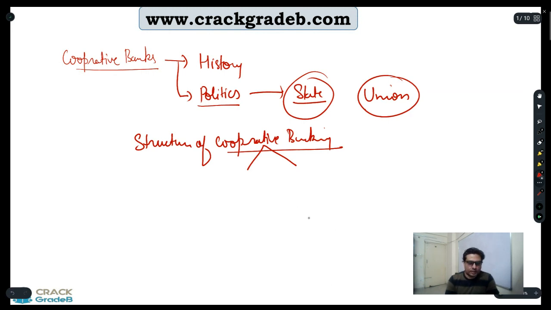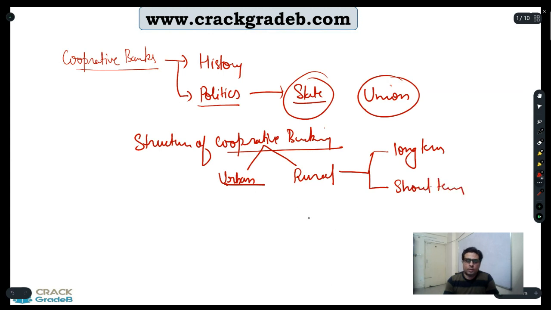One is for urban and the other is for rural, right? For urban there is single state and multi state, but for rural they went for what? They went for long term and short term requirement.